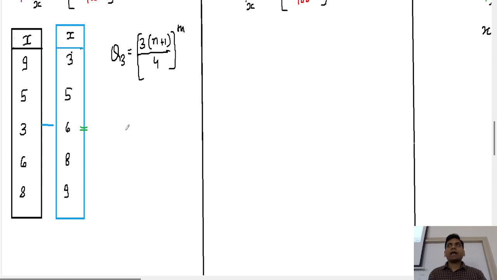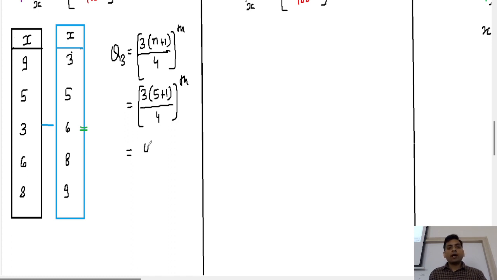Now you will put n equals 5. So 5 plus 1 is 6, 6 times 3 is 18, 18 upon 4 is 4.5.